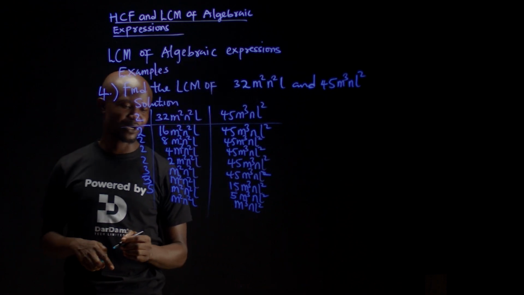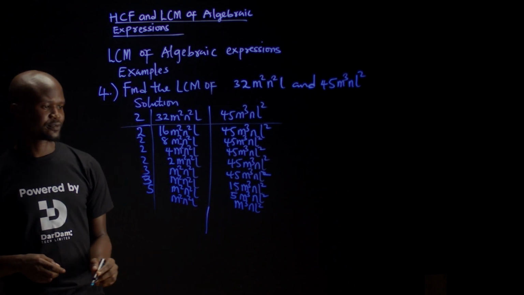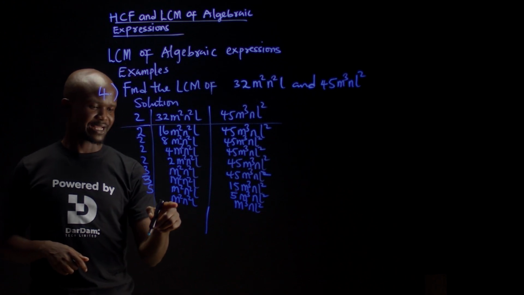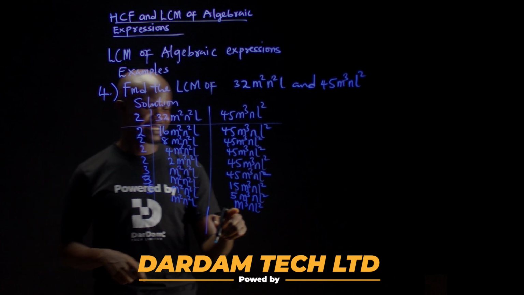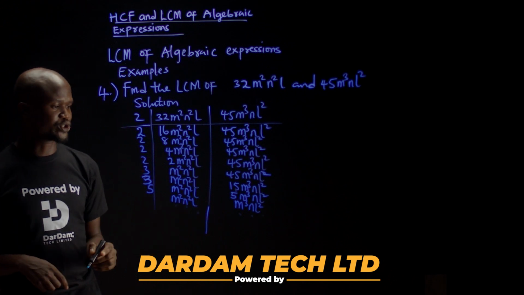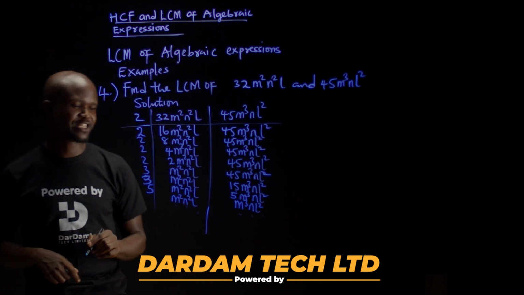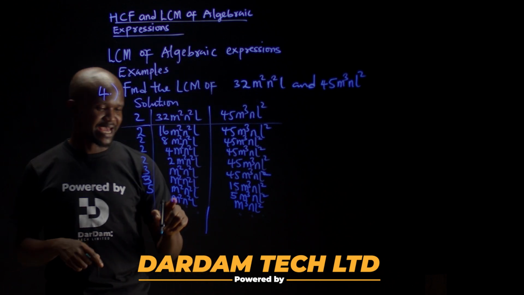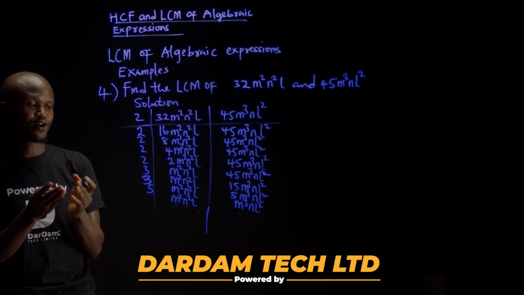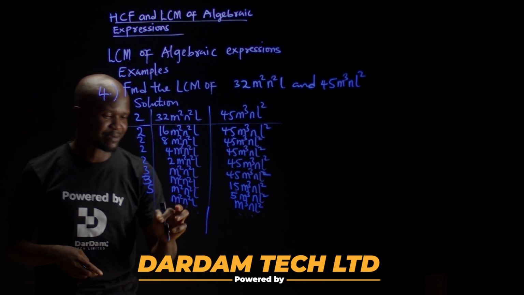Now looking at what we have, m²n²L and m³nL². We have m² here and m³ in the other place. It's not compulsory to use the simplest form. We can use a bigger form.